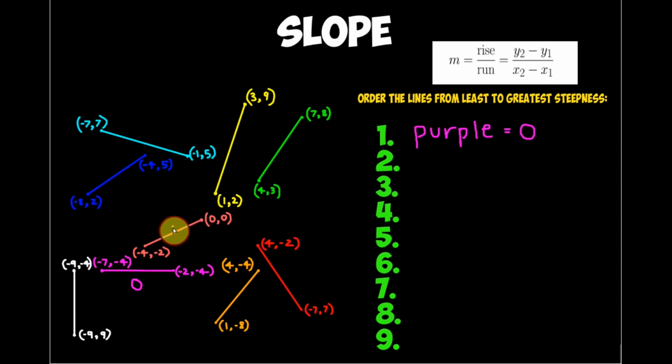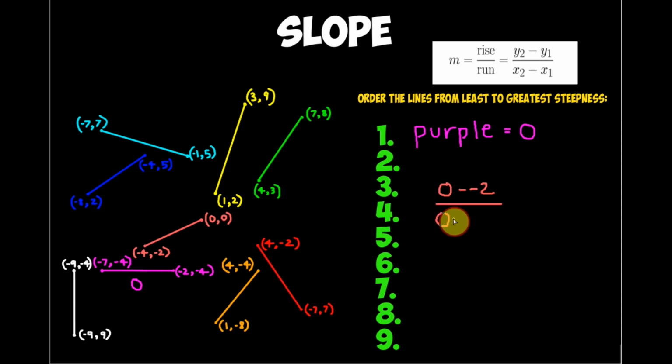This light pink right here seems less steep than the others. So let's do the equation for this one. The y2 is going to be 0, and the y1 is going to be negative 2. So 0 minus negative 2 divided by x2, which is again 0, minus x1, which is negative 4.